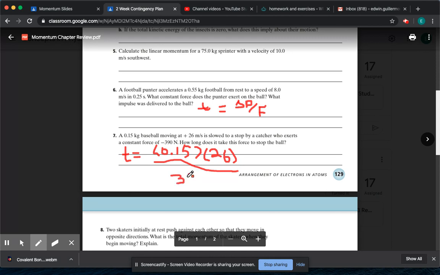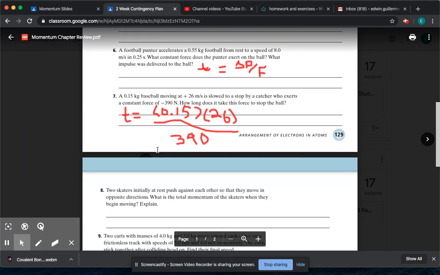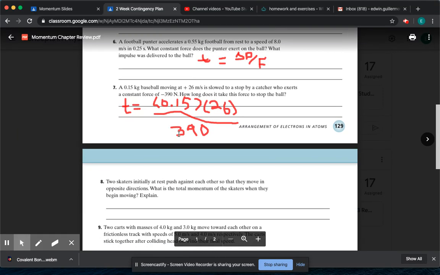Okay, you can't have a negative time. There's no such thing as a negative time. Plug in these numbers, you'll get your answer. That's how long it took to stop the ball. That's it for number 7. Just use the equation, rearrange it.